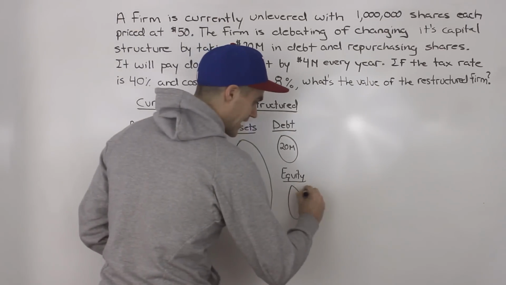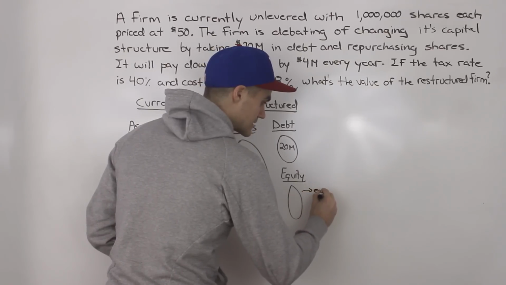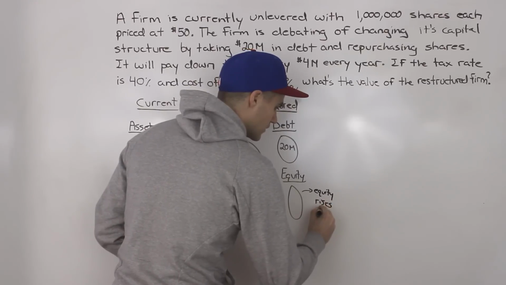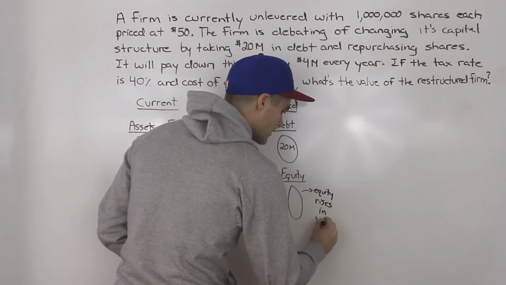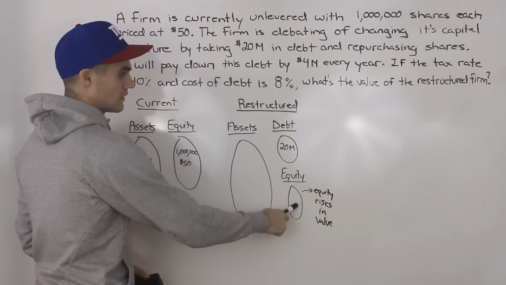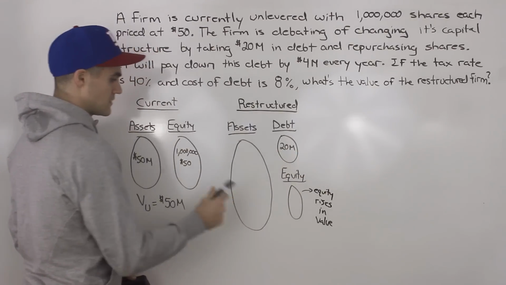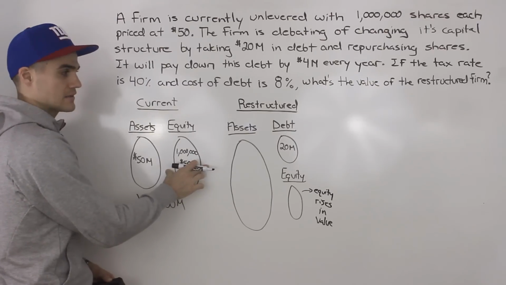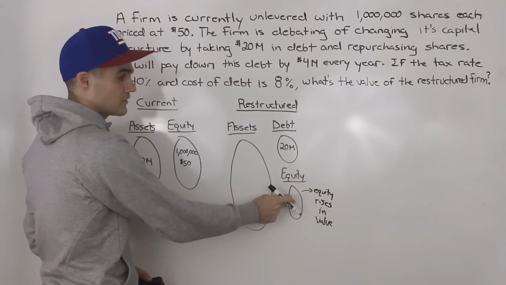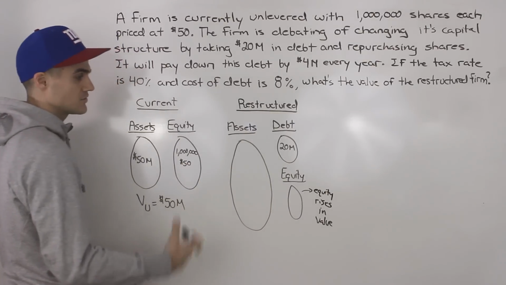And so what actually happens is that the equity rises in value. We don't know by how much yet, but it's definitely not just going to be 30 million in order for that right side to be a total of 50 like it was in the current firm. It's actually going to be worth more than 30 million because of that interest tax shield.